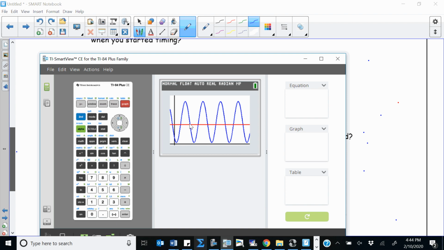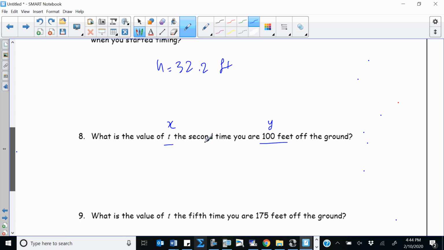The intersects of these two functions are actually where our height is 100. As you see, we have multiple intersects here because we're going up and down in this Ferris wheel. So we have multiple points that our height is 100. It's asking for the second time that your height is 100.